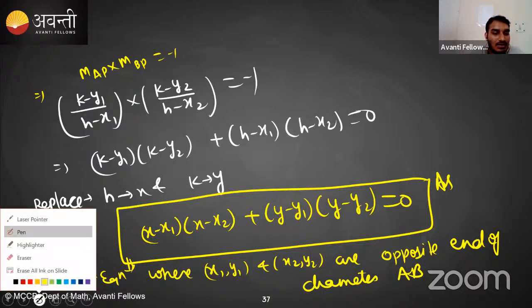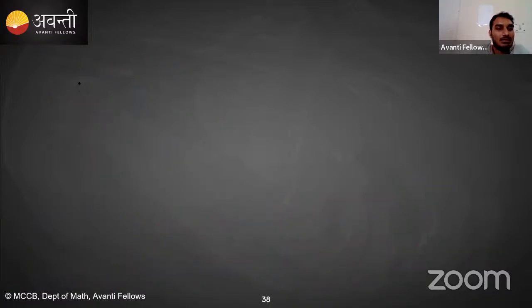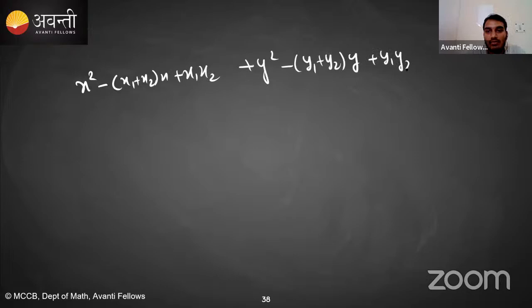So see everybody, I will suggest that you should remember this method only. Many people tend to remember it as x square minus x1 plus x2 into x plus x1 x2 plus y square minus y1 plus y2 into y plus y1 y2 is equal to 0.